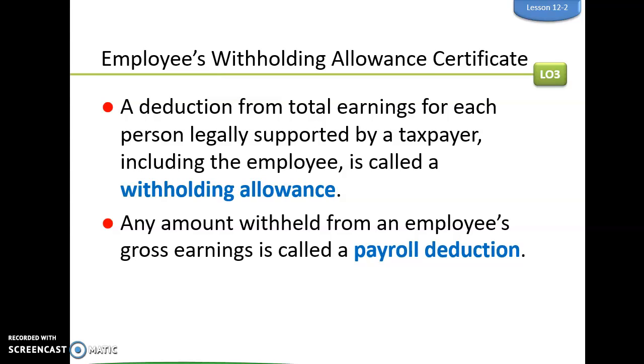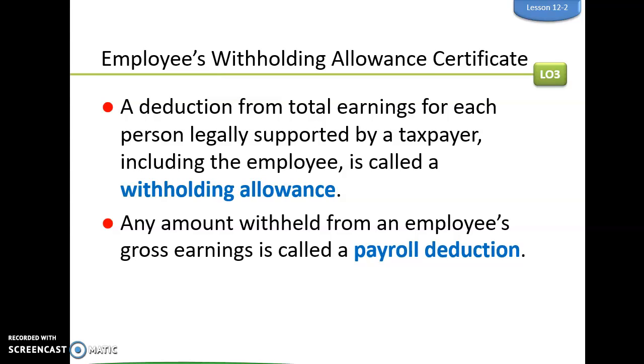Employee's withholding allowance certificate. Have you ever heard of something called a W-4? You have to fill out the employee's withholding allowance certificate when you start a new job, and that's the W-4. And a deduction from the total earnings for each person legally supported by a taxpayer, including the employee, is called a withholding allowance. So this information is pretty much used to determine how much income tax to withhold for that employee.